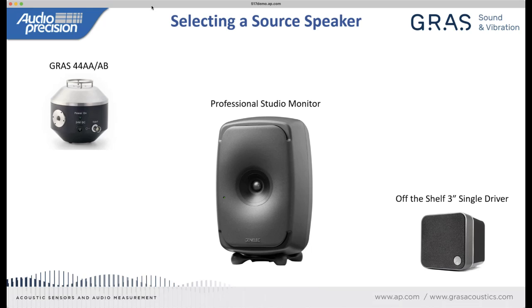And moreover, for many voice applications, there might be specific international standards that require us to use a mouth simulator, which simulates the acoustic properties of a human mouth. So in that case, we can supply a GRAS 44AA or AB mouth simulator.